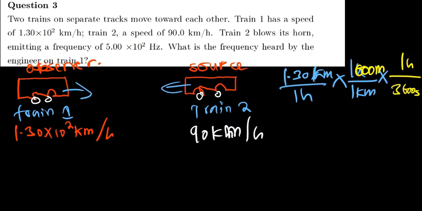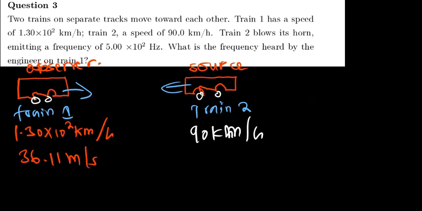So kilometers and kilometers will cancel, hour and hour will cancel. I'm going to have 1.3 times 10 to the power 2 times 1000, divided by 3600, so this velocity now is 36.11 meters per second.